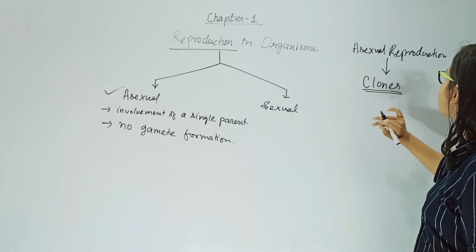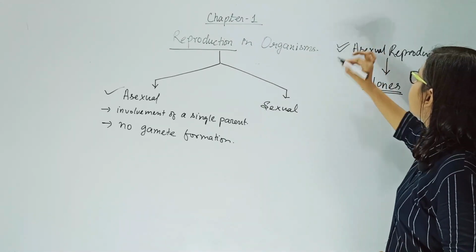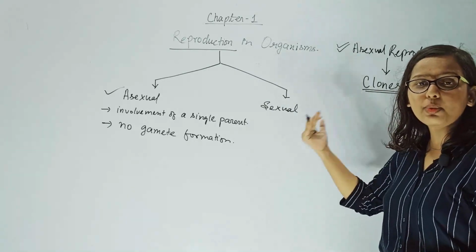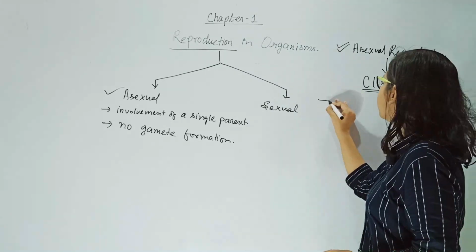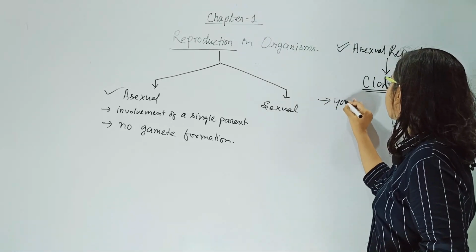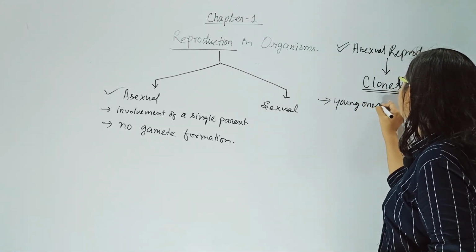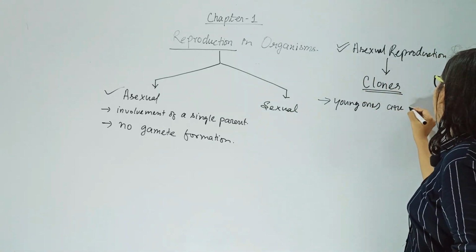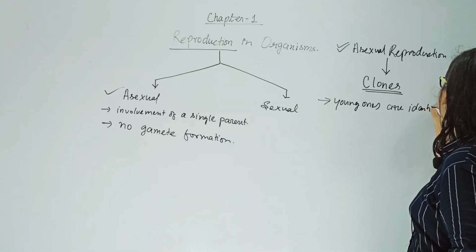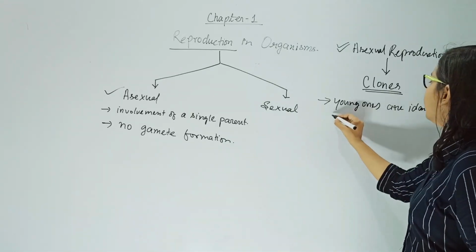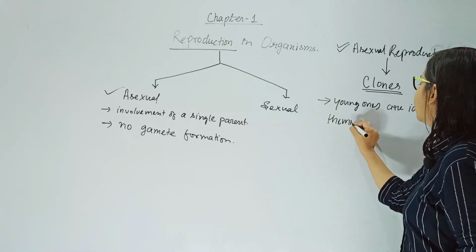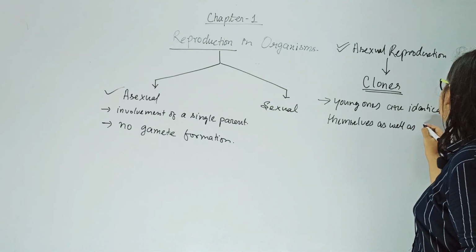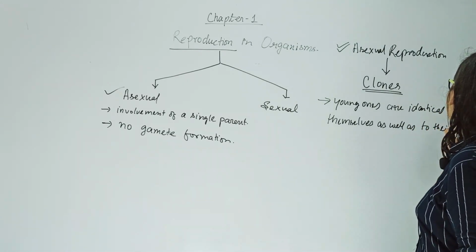So what are clones? In asexual reproduction, the young ones produced are identical to themselves as well as to their parent.